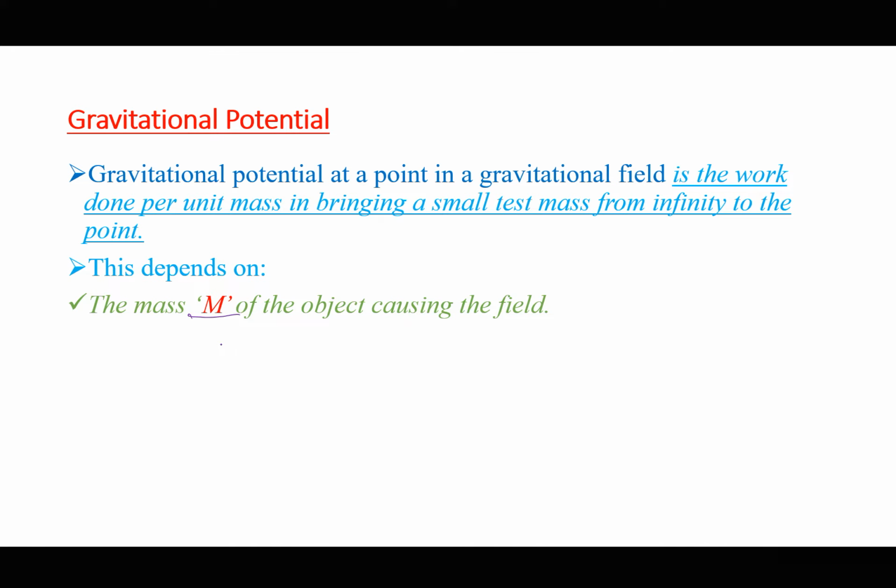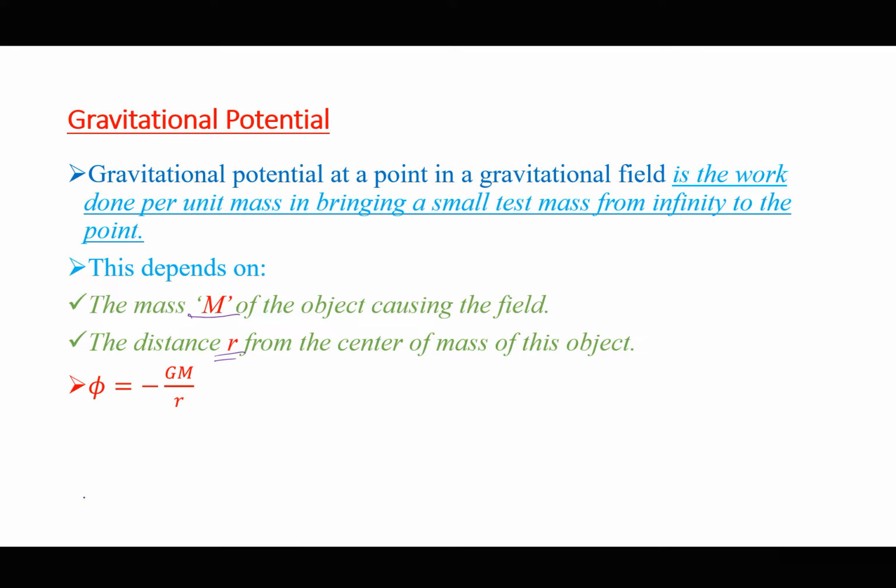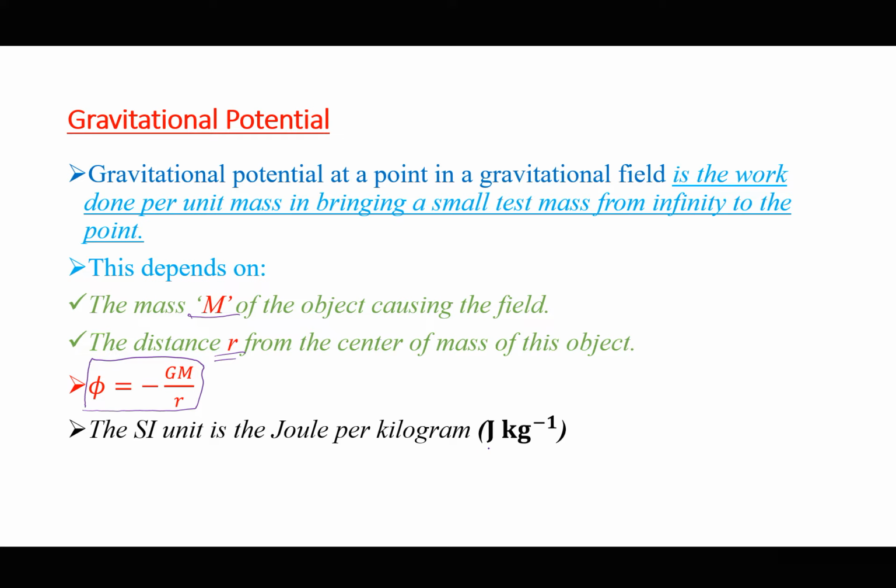After all, it is just 1 kilogram. And number two, its distance. It depends on the distance of the test mass from the center of the large mass creating the field. And this gives us an expression that gravitational potential is equal to negative GM over r, with the SI units that I have mentioned, joules per kilogram, because it is work done, that is in joules, per unit mass, that is per kilogram.